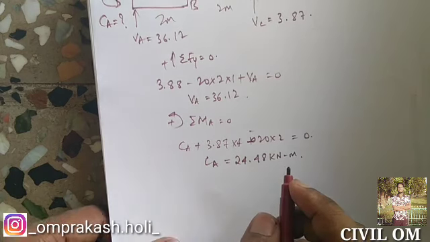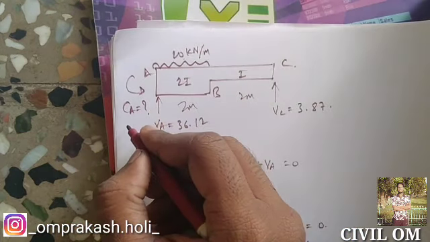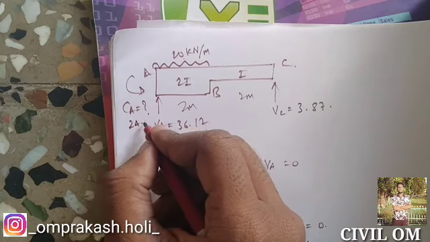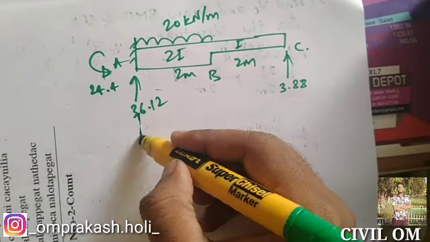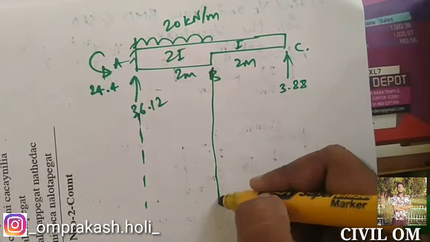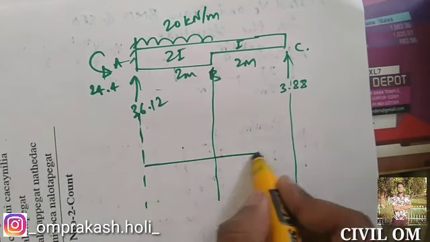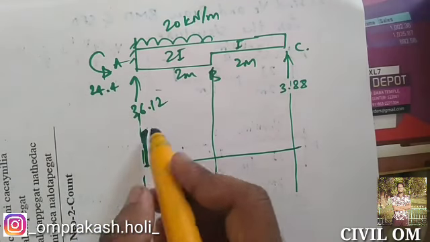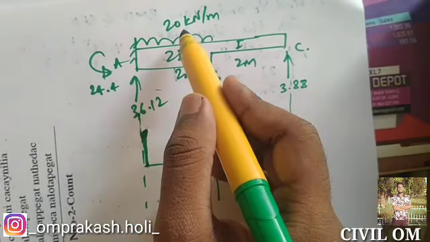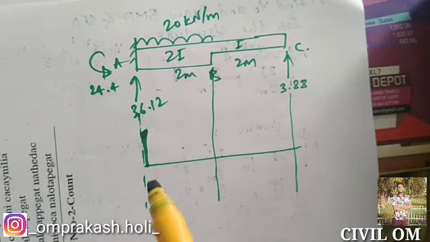So now let's represent that in the diagram. CA is equal to 24.48 kilonewton meter. Now let's try to find out the SFD and BMD of this diagram. Let's draw it neatly. First the SFD. 36.12 is acting in the upward direction, and we have a UDL over here.